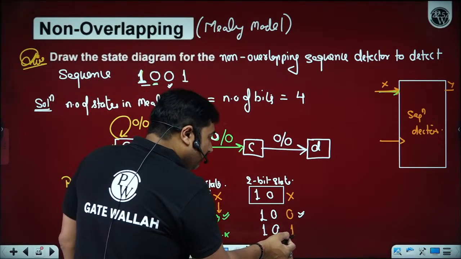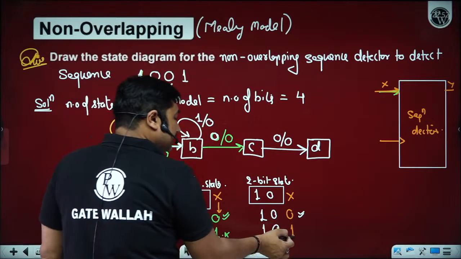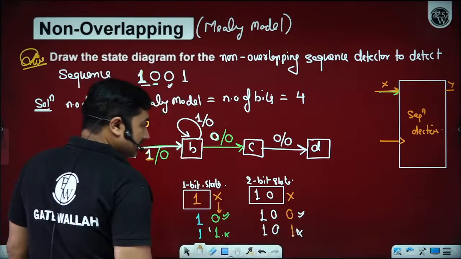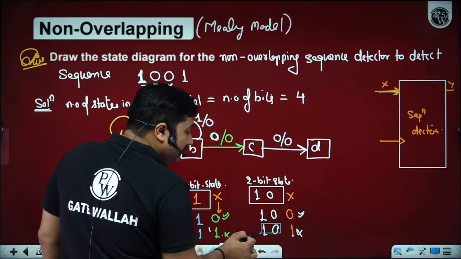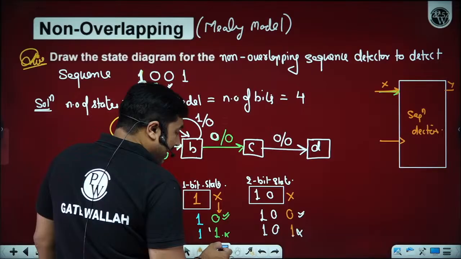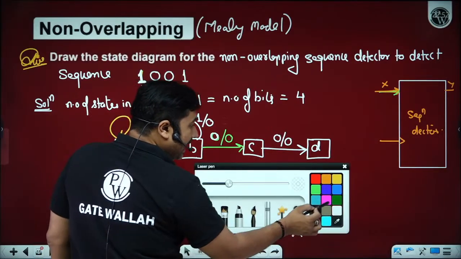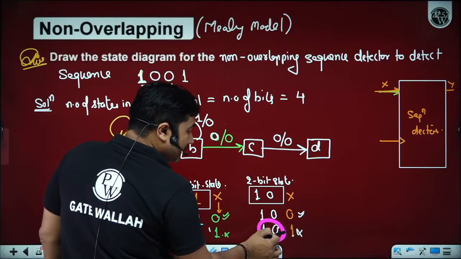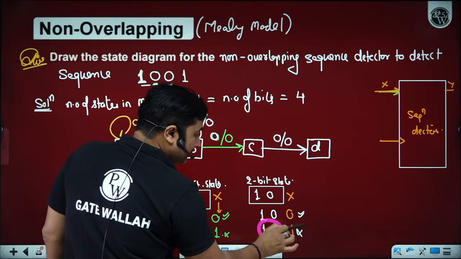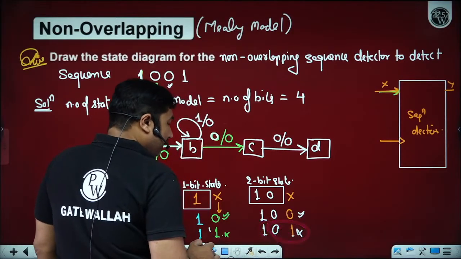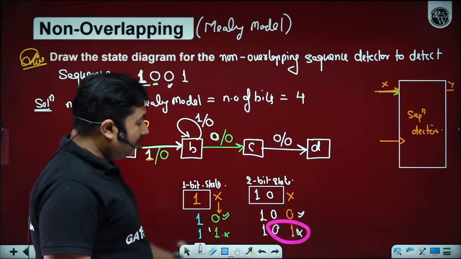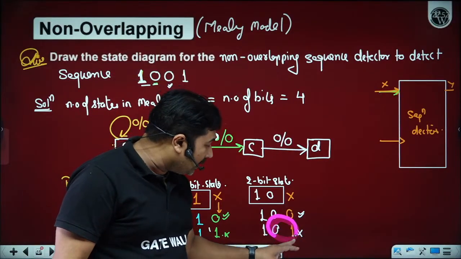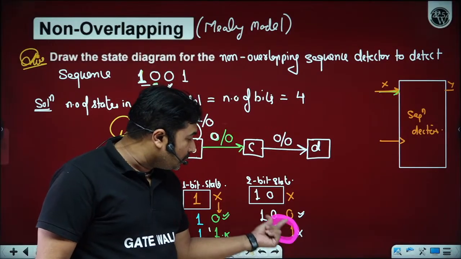However, if you are getting 1, then this is not the required set of sequence. In such a case, you have to compare the last 2 bits with the 2-bit state. I'm sorry, beta. This is the last 2 bits, okay. I'm talking about this: compare the last 2 bits, this 0, 1, with the 2-bit state.